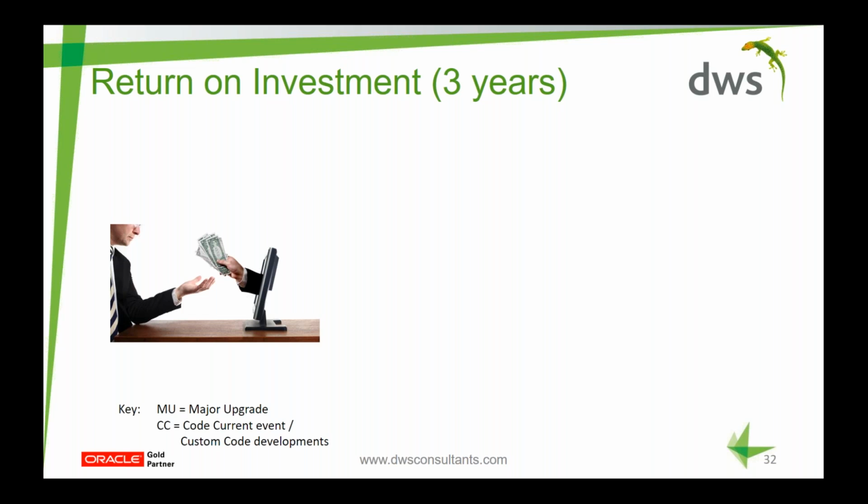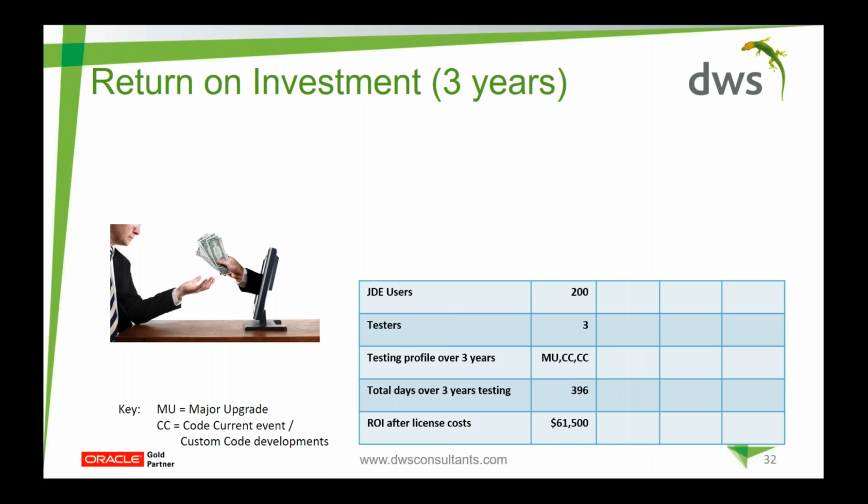So we have a number of scenarios here that we've analyzed for a number of customers. Now, this first customer, they are a very small implementation. They have just 200 JDE EnterpriseOne users. And their 3-year usage profile is to perform a major upgrade in year 1, and then smaller custom code events or custom development events in years 2 and 3.